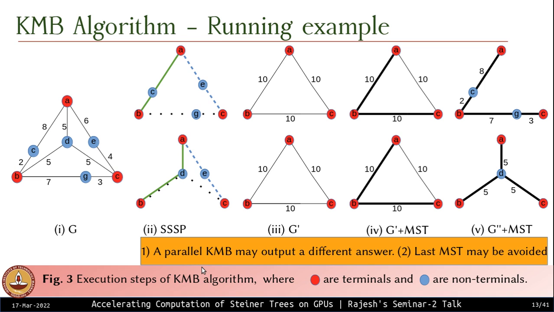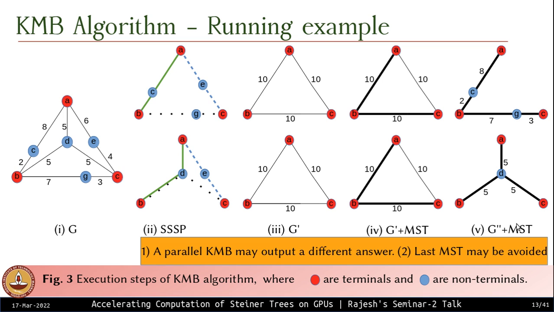So a parallel KMB may output a different answer when there are multiple shortest paths between two terminals. This is what we wanted to emphasize through this example, and notice that our G double prime here is itself a tree, so the final MST can be avoided.